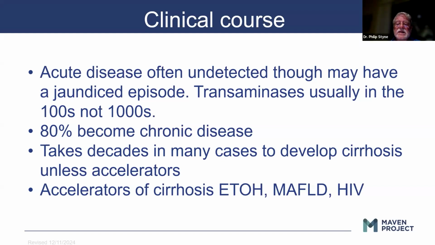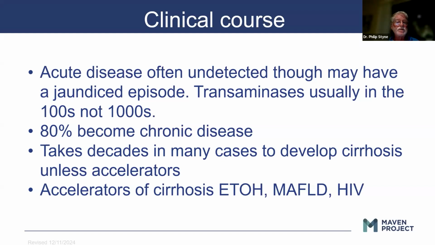It takes decades in most cases to develop cirrhosis unless there are accelerators. And the accelerators are important for you all to know, because in maybe a 30 or 40-year-old who has had disease for 10 years, they might have cirrhosis, even though usually cirrhosis takes 30, 40 years.